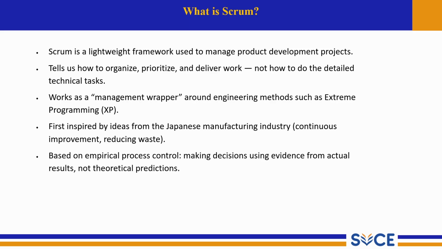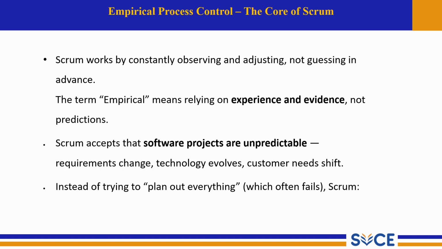It is based on empirical process control. This means decisions are made using real evidence and results, not just prediction. And next we will see empirical process control, the core of Scrum.